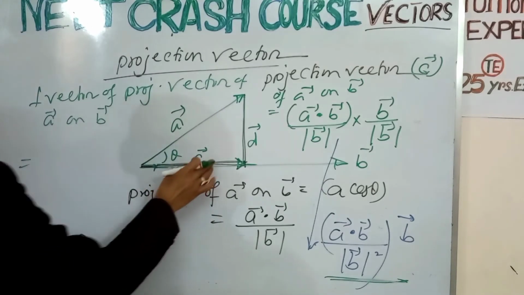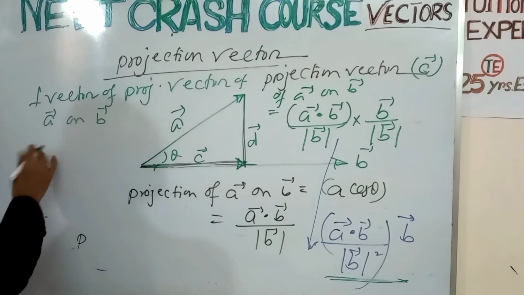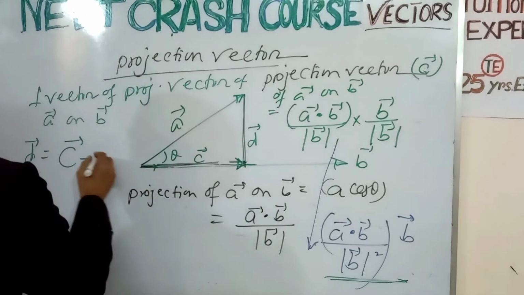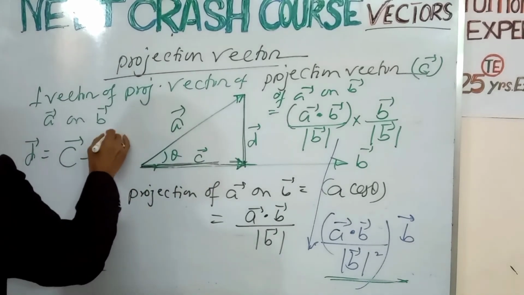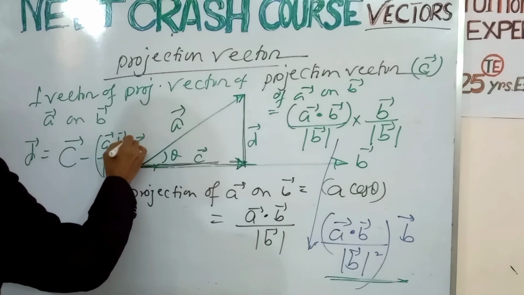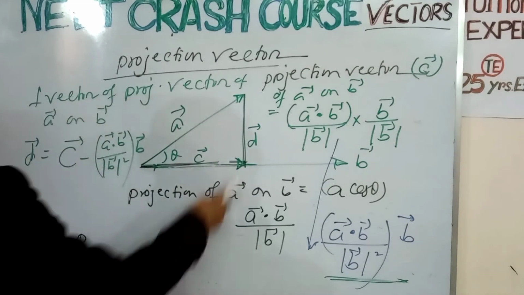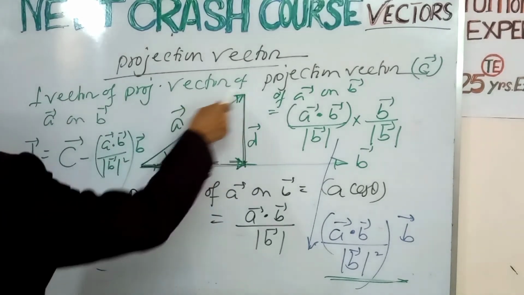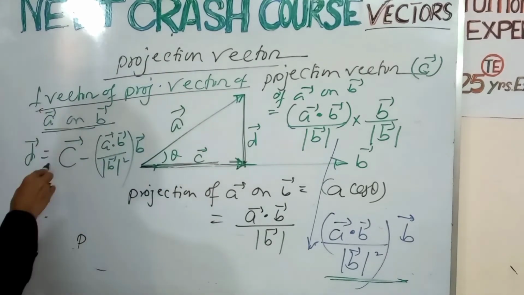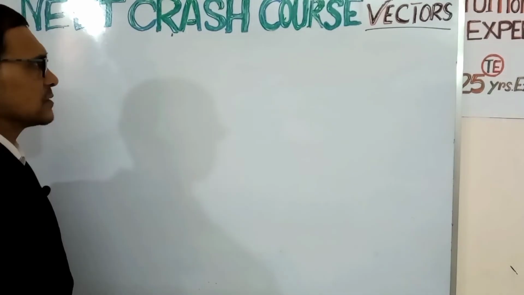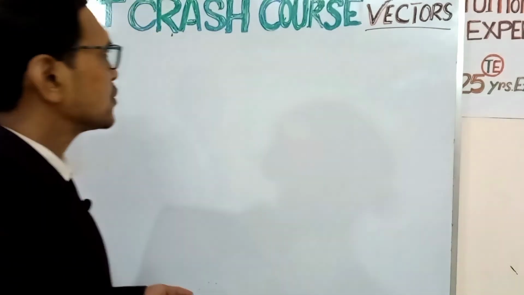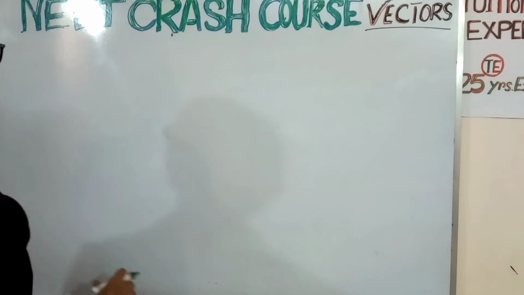From the triangle rule, this plus this equals this, so d equals c minus this vector, which is equal to this. So this is the perpendicular vector of the projection vector of a on b. The main NEET problem series will be discussed in another video. Here I am discussing only the NEET theory.